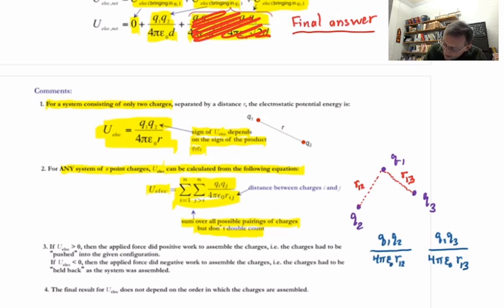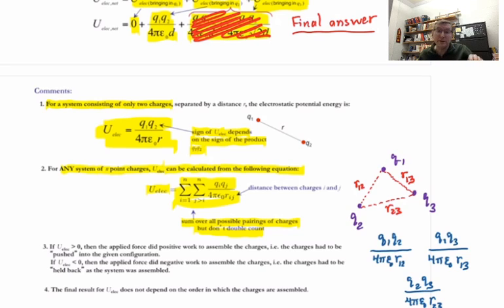Then there's one other distinct pair in this case, 2 and 3 with some distance R23. And the contribution to the potential energy there is Q2 Q3 over 4 pi epsilon 0 R23. And then just add those up. That's what this formula says to do. Don't count a pair twice.